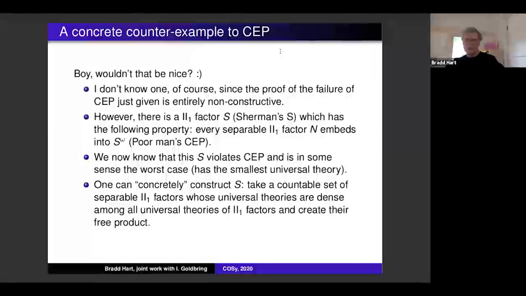So I don't know. I think it is a good line of inquiry to try to understand the relationship between the word problem in a super rigid group and its related theory, universal theory, the theory of L of G for that G. I think lots of people say, can't you just code the word problem?